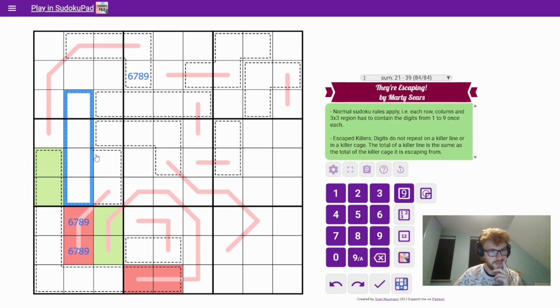Could this be a 6? Then we have 16. Then we have 7 and 9. And that still isn't a red digit. And if this doesn't contain a 6, that cannot be a red digit. So either that's a 6 or that's a 6. Well, no, that couldn't be a 6 either. So those are both red digits.